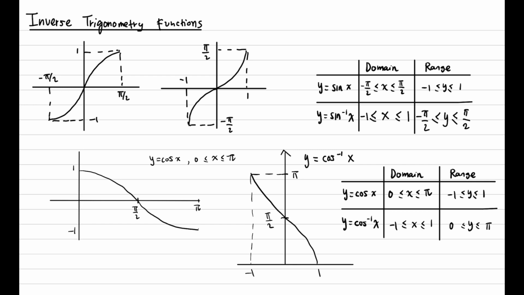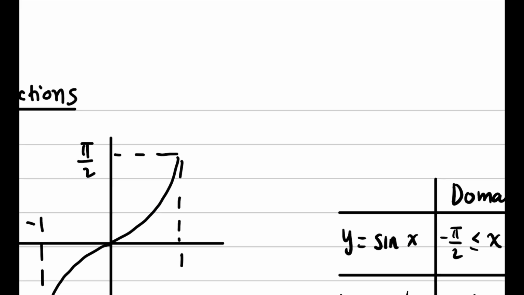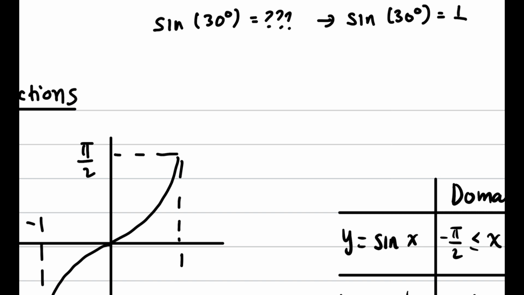We have inverse trigonometry functions, guys. What does it mean by inverse trigonometry? Let's say I have sine 30 degrees and we want to find the value. Well, we know from the table the value is 1 over 2. But what if I change the equation? Sine x equals half, and then we want to find the angle instead. How do we find that?